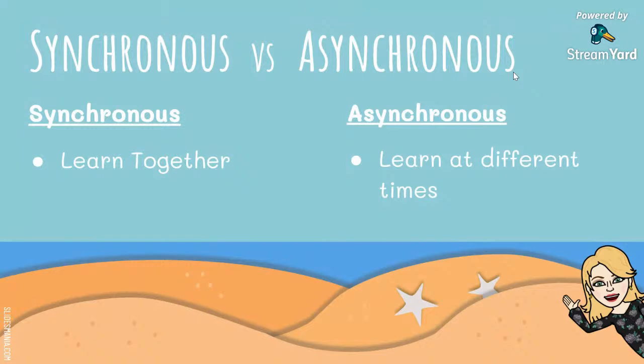Asynchronous means that students are learning at different times. And so what we'll talk about with Google Classroom and some of these other platforms really has more to do with that asynchronous element. And that's new to us.